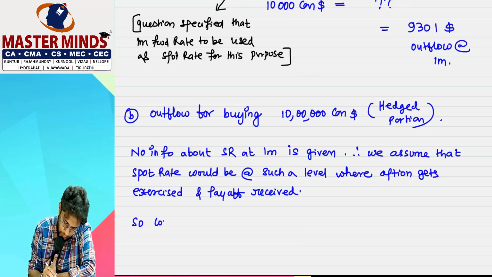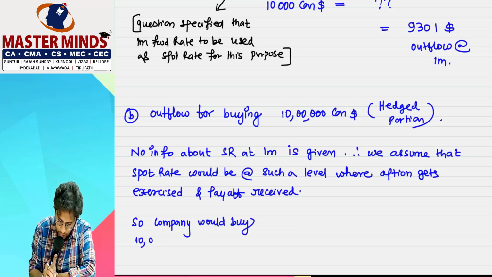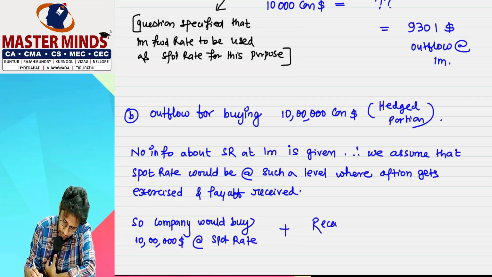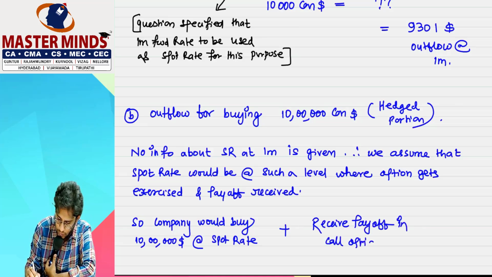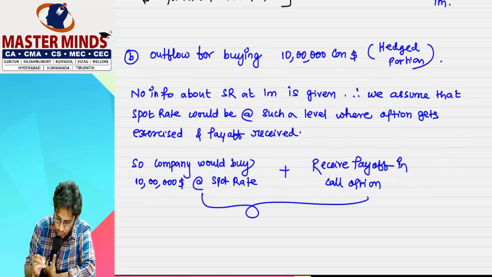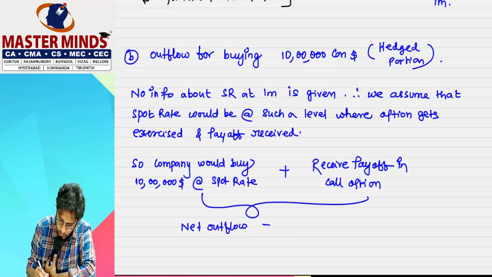So company would buy, write exactly how I am writing, 10 lakh dollars at spot rate plus receive payoff in call option. The net outflow would be equal to strike price.